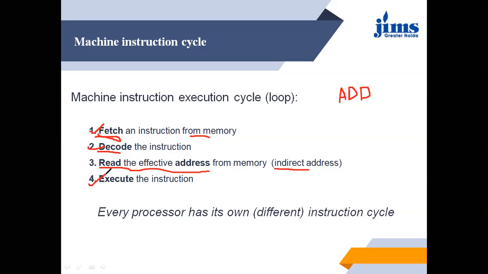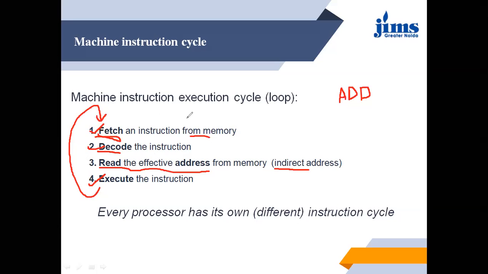So there are 4 steps in each and every instruction. First one is fetch, second decode, third read, and fourth is execute. After this, the processor goes on to the next instruction, meaning this is a cyclic instruction cycle.